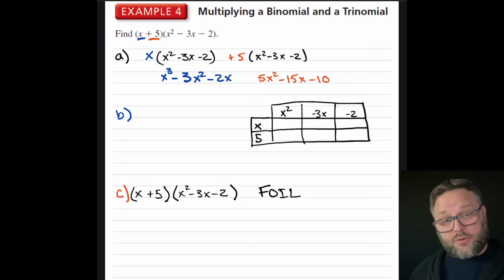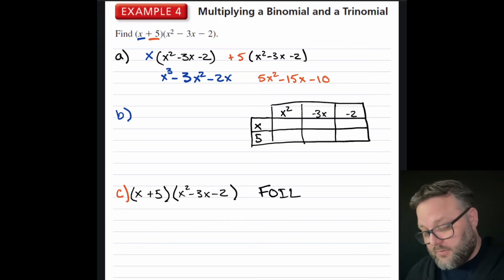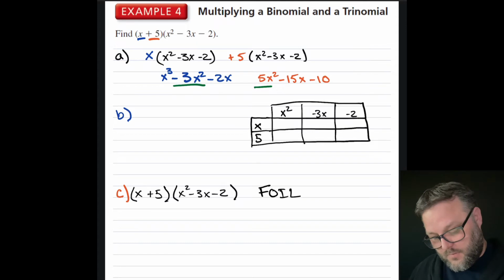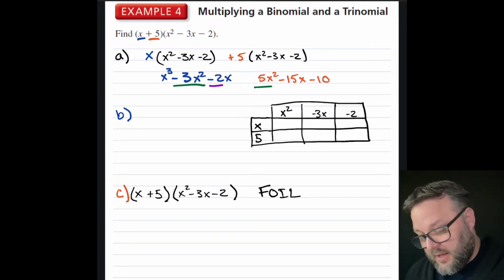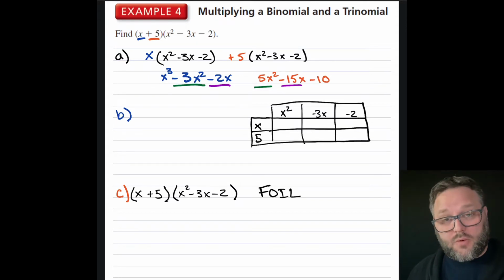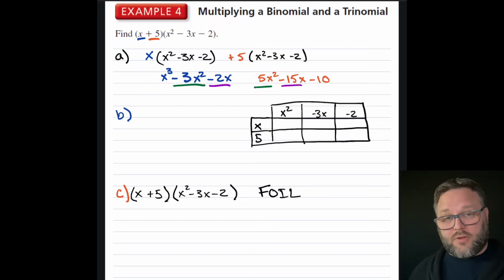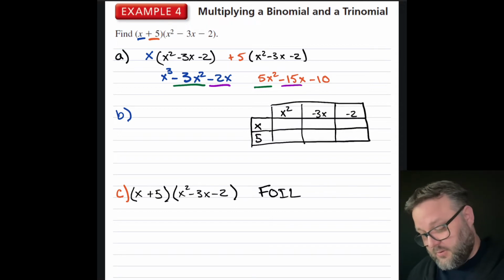Then I'm going to look through for like terms. I have an x squared and an x squared, so I'm going to want to combine those. I have an x and an x, I'm going to want to combine those. And the other two, the x cubed and the constant of negative 10, have no other like terms, so I just keep those.